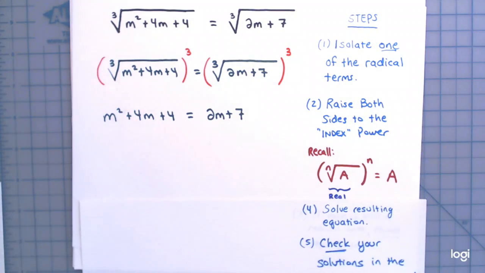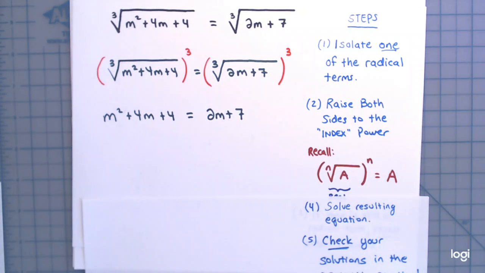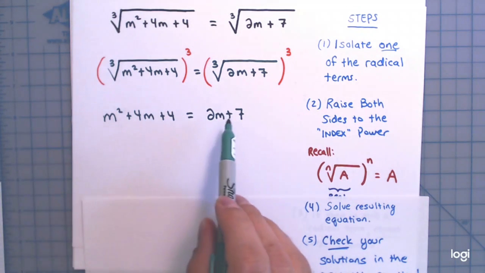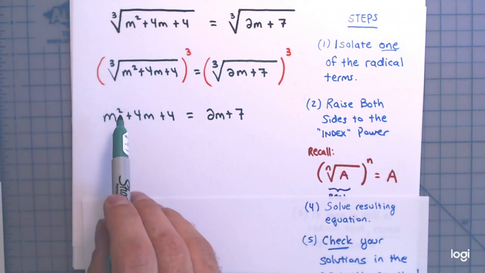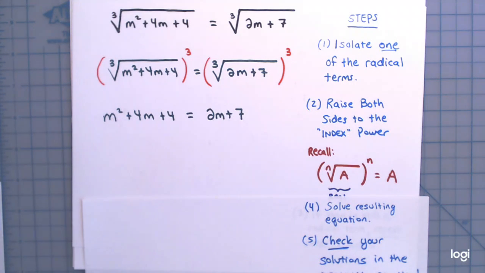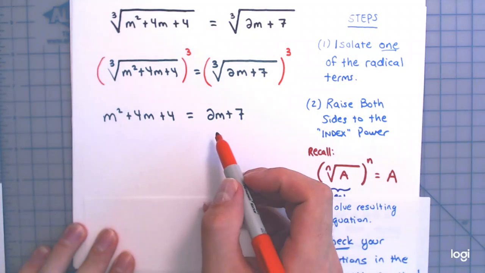Alright, so I got step 4. Again, step 3 was to repeat steps 1 and 2 if there was another radical. I'm not seeing that, so I'm going to solve. Now this is a quadratic equation, right? You see the degree 2 here. In a previous video, the way we were solving these quadratic equations was to take everything to one side, get 0 on the other, and put it in standard form.